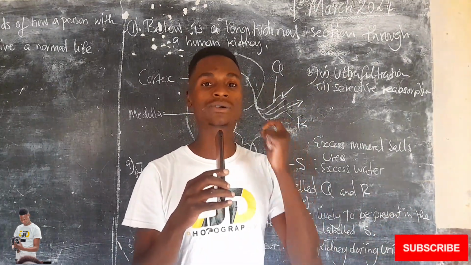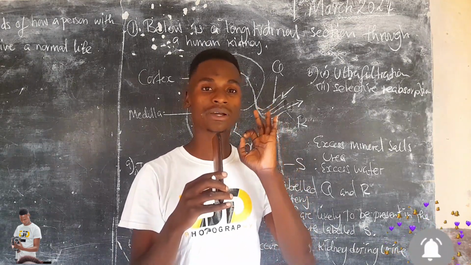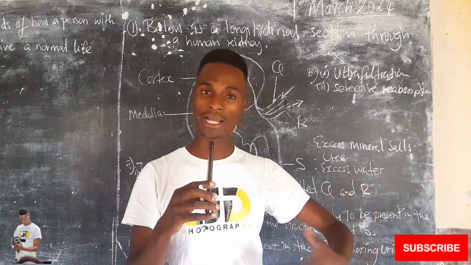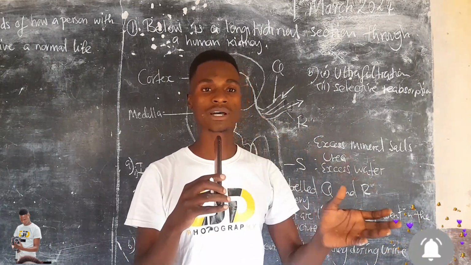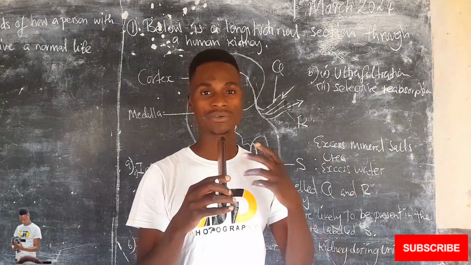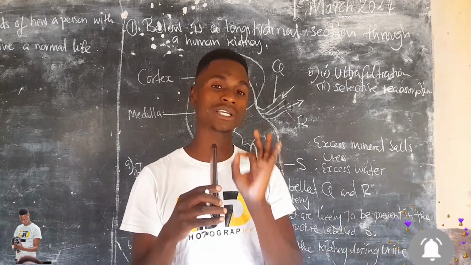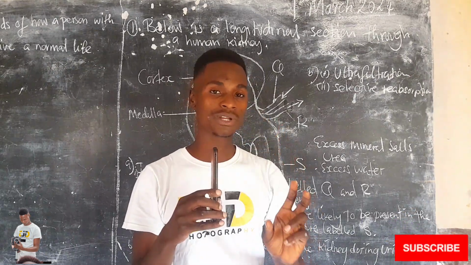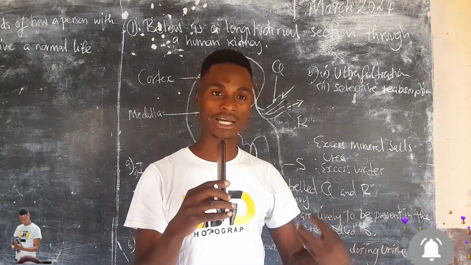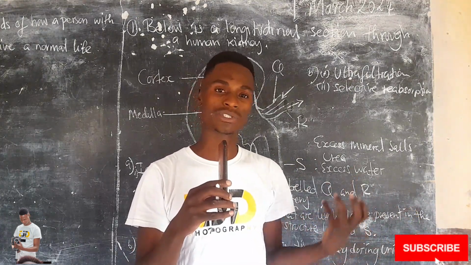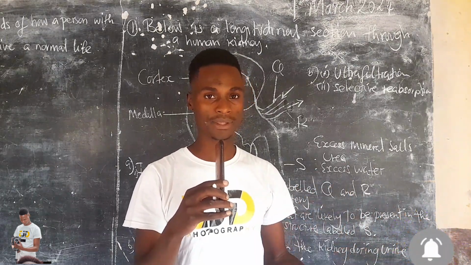You shouldn't find glucose in the urine because glucose is reabsorbed back to the bloodstream and used by tissue cells for cellular respiration. If glucose is still in excess, that's when the pancreas comes in. It produces insulin, which converts excess glucose to glycogen, and it is stored in the muscles and in the liver.